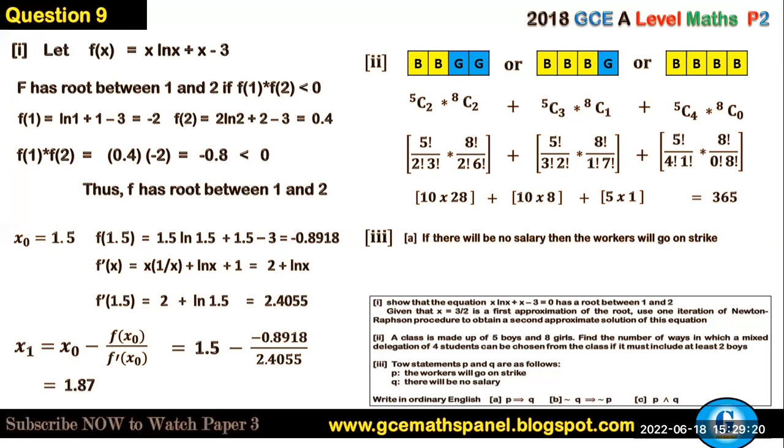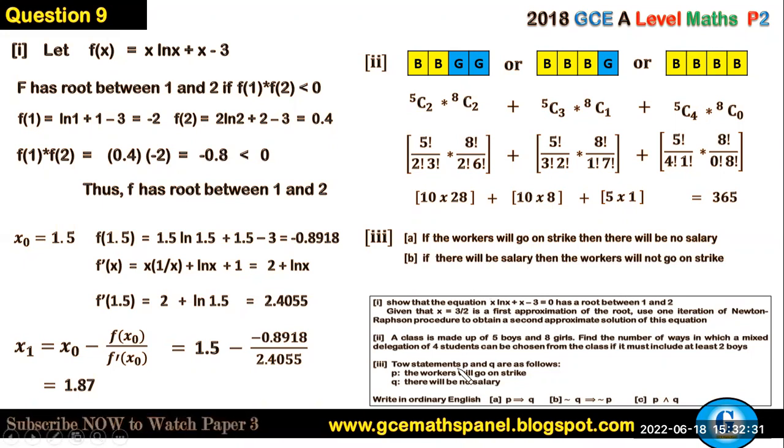Okay. But here, if you look at it very well, they have said P implies Q. So let's look at the statements again. So P implies Q. Start with P, the workers will go on strike. So we have to start with the workers will go on strike. Now the B part, we have the negation of a statement implies the negation of another.